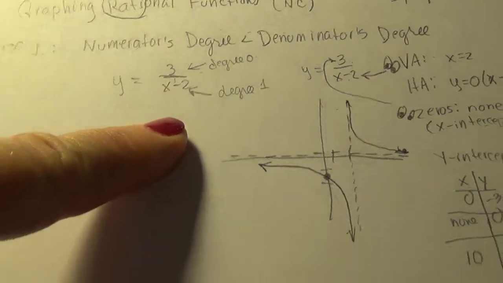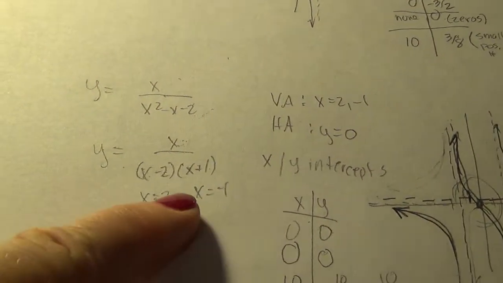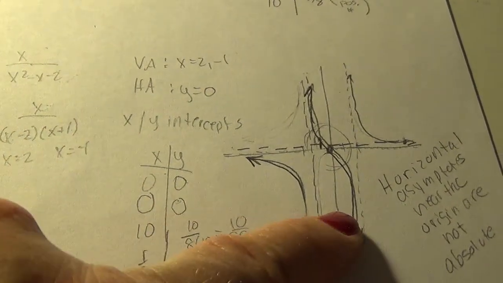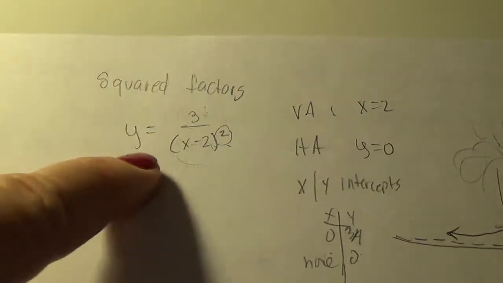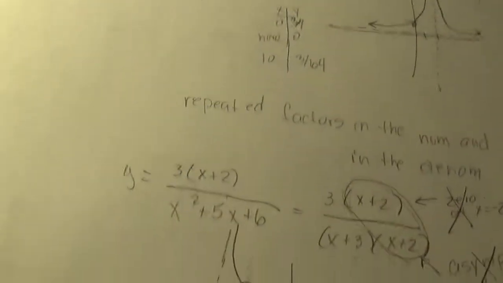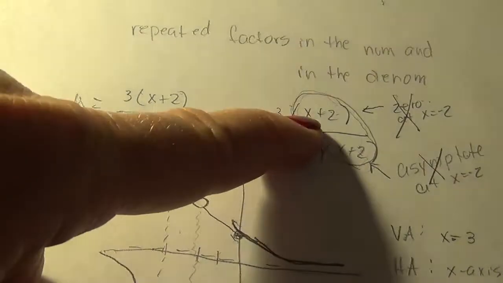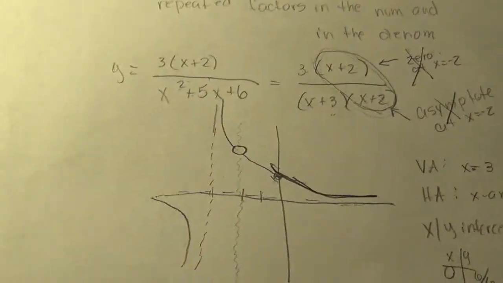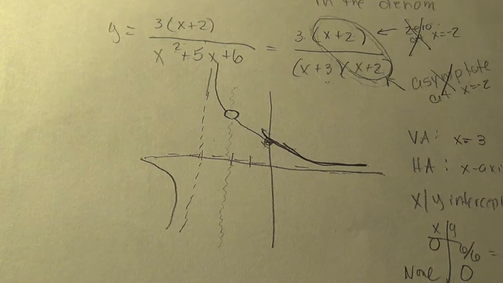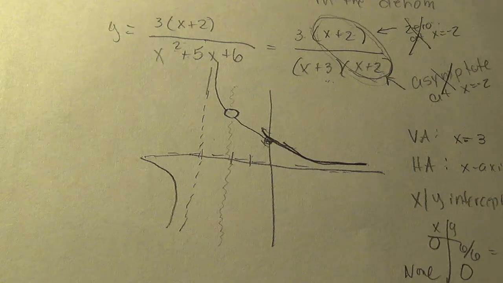Regular one, no complications. This one, where we have more than one vertical asymptote, and we're going to have to do some extra work to find out which way it goes. This one with repeated squared factors in the denominator, and this one where we have the same factor in the numerator as the denominator. All right, that's it for tonight, or this weekend, so we will see you bright and early on Monday, where we will tie up this discussion and get some practice on it.